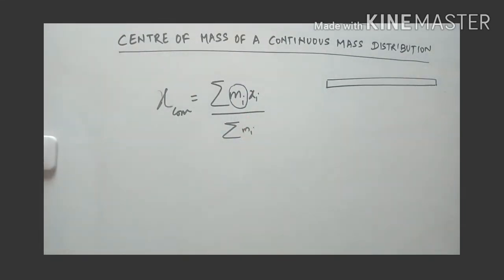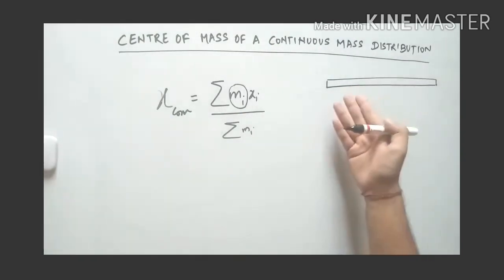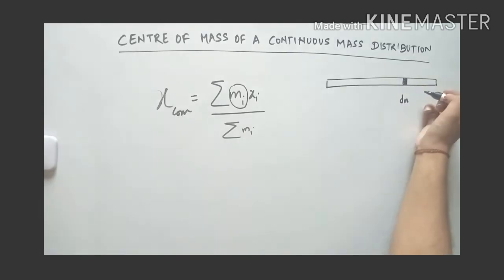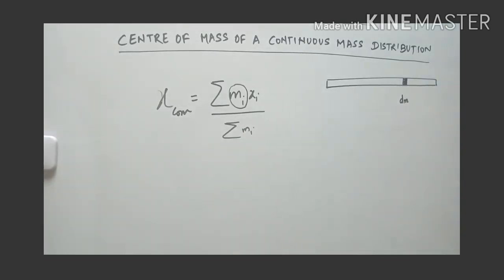Because mi is the ith mass, let us say m1, m2, m3 and so on. Here I don't find any mi. So I'll have to take an element, and the mass of this element will be dm. So basically mi is dm.